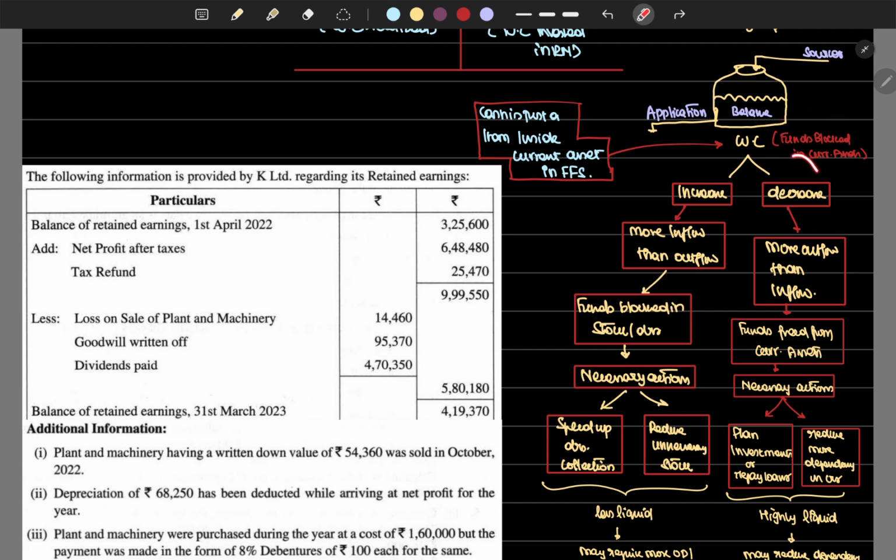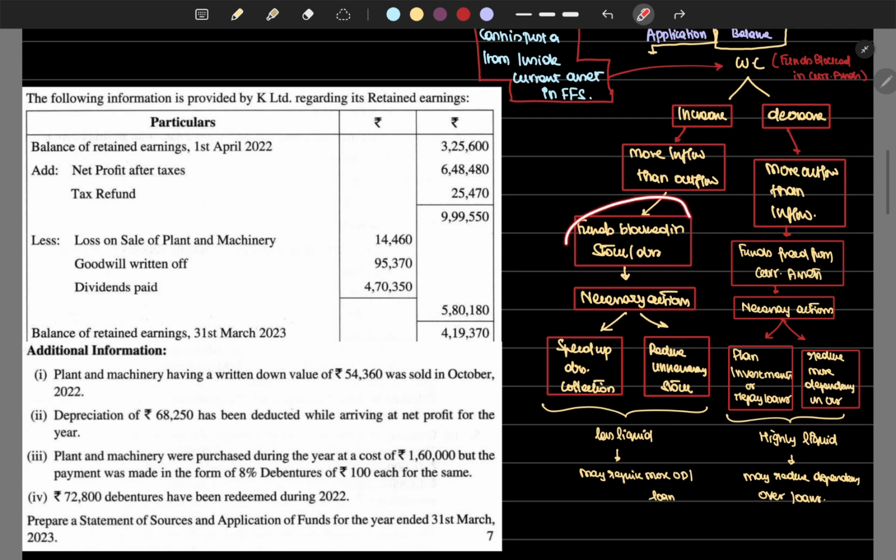If there is a decrease in working capital, we have low sources of raising funds, but the need for money is huge. That's where the decrease in working capital arises.